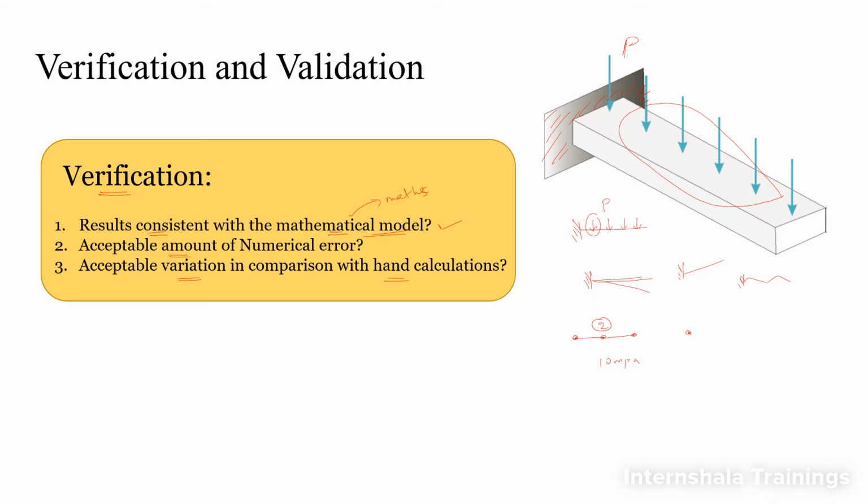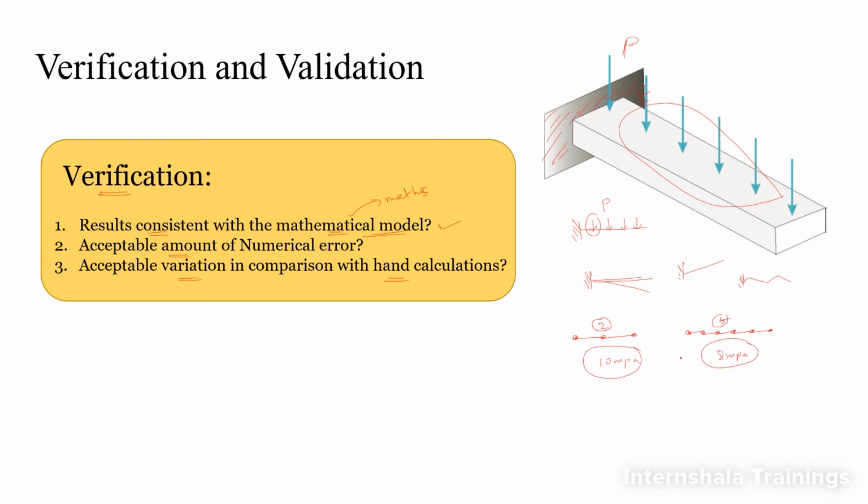Then the same problem I solve by taking 5 elements instead of dividing it into 2 elements, and let us suppose I get 8 MPa of stress. Are the results consistent in the two cases?